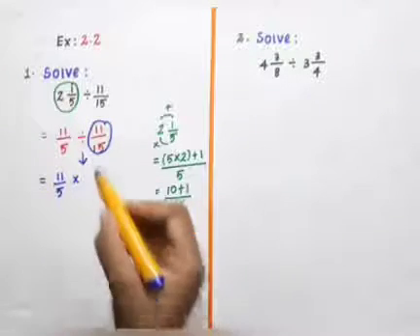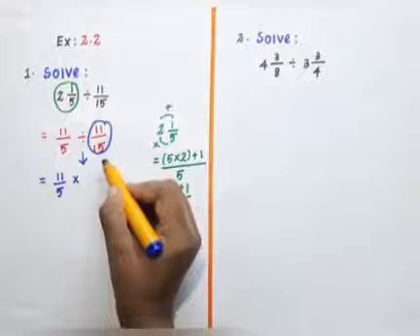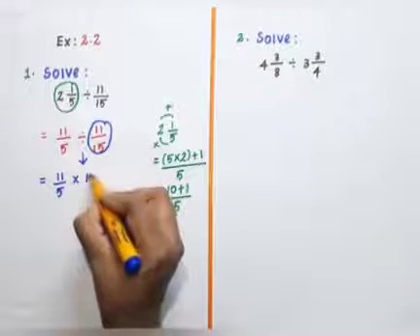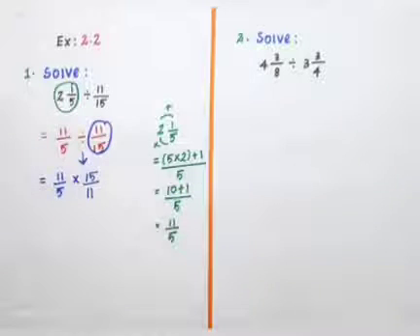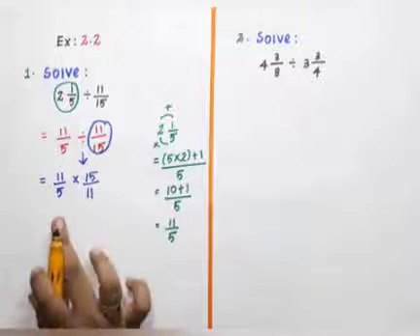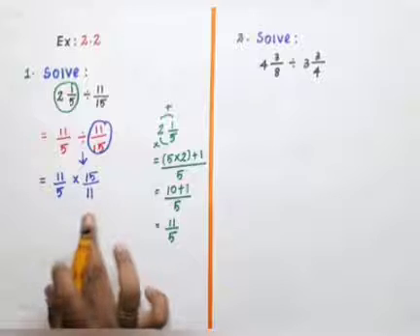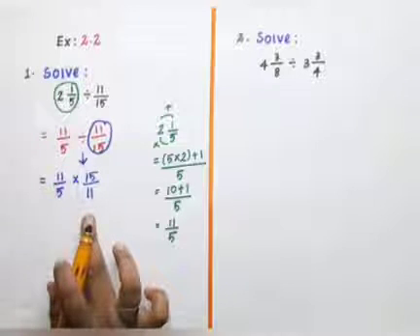So the reciprocal of 11/15 is 15/11. Now we are going to multiply 11/5 by 15/11.